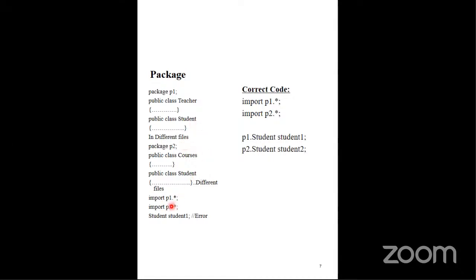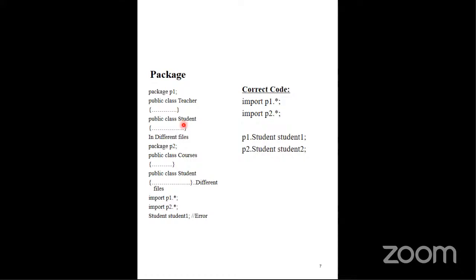Now suppose in one particular program, if I write import P1.star, I can access teacher and student from package P1. And if I also write import P2.star, it will allow me to access courses and student from package P2 also. Now if I try to create a reference, student 1, if I try to create a reference to the student class, there is ambiguity. Are you trying to create a reference of this student class or this student class?